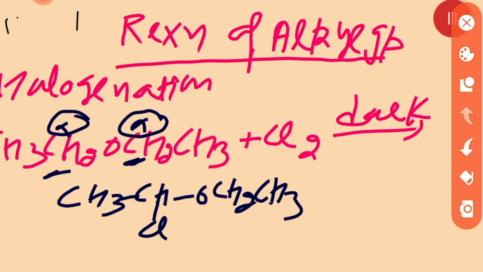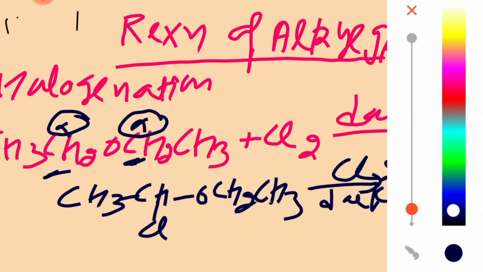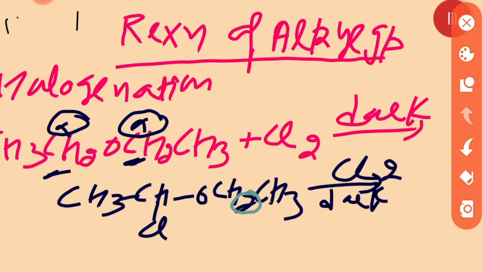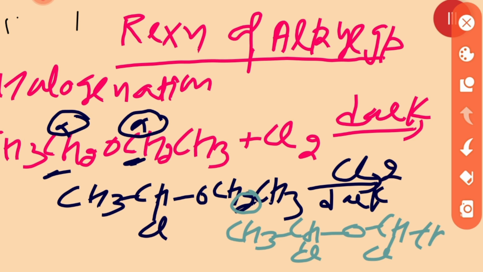And if you do it further, again in the dark, the next Cl is going to replace this hydrogen. Then the product will be CH3CHCl-O-CHClCH3. Is that clear? Like this it keeps going on if you do it further, and HCl will be removed every time. HCl will be the side product here and also here. I hope you understood, all of you.